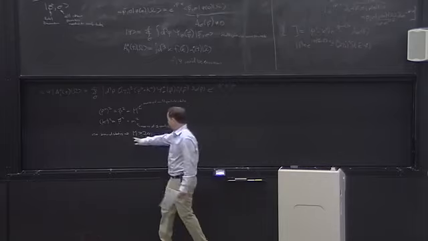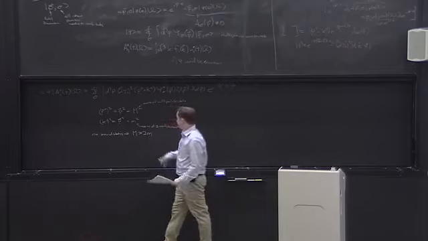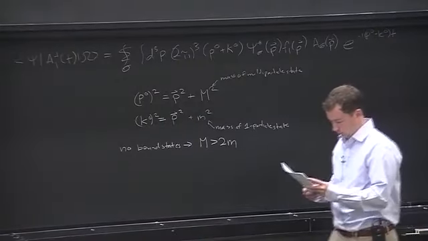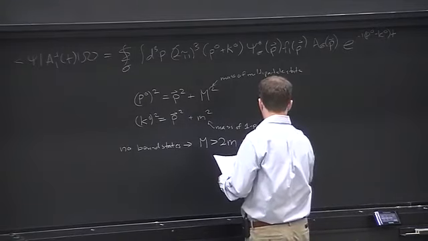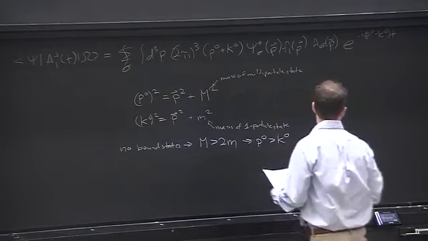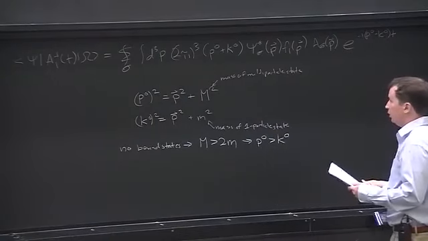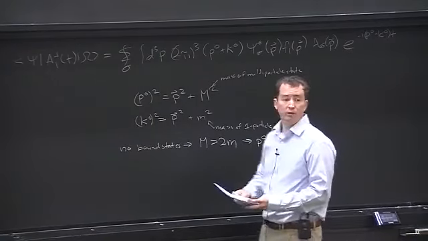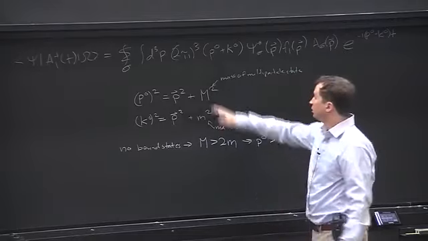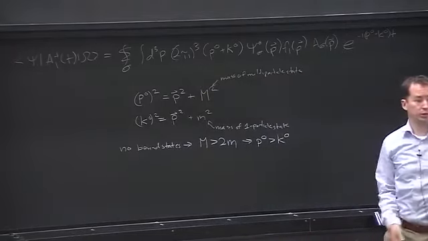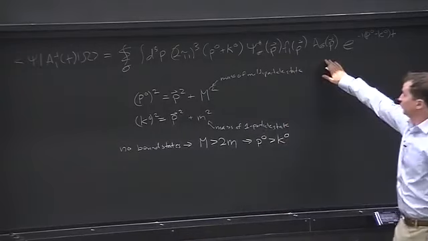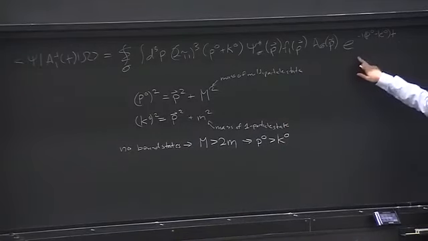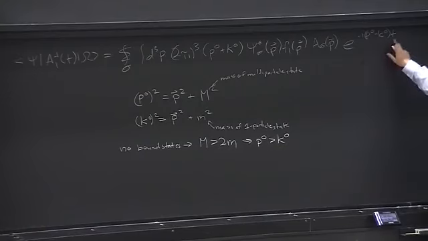So with those assumptions, M is greater than 2m, which implies that P naught is greater than K naught everywhere in our integration region. So this exponential, and we're interested again in t going to plus or minus infinity.